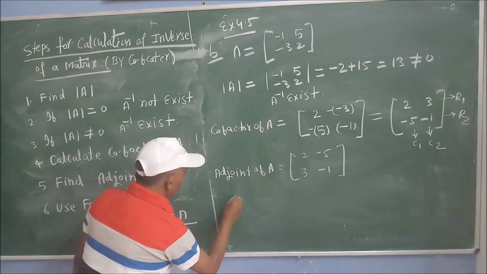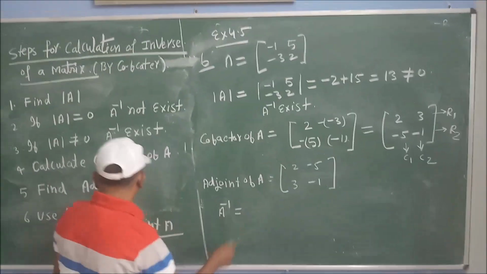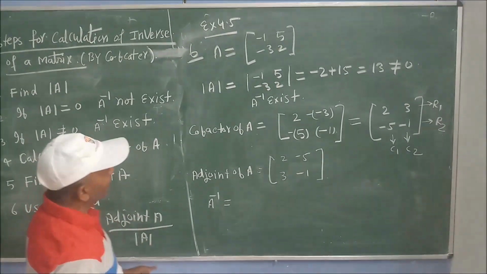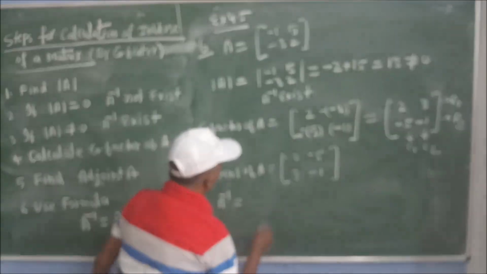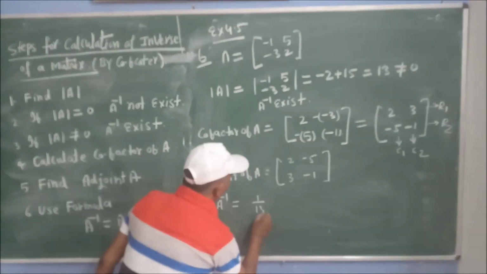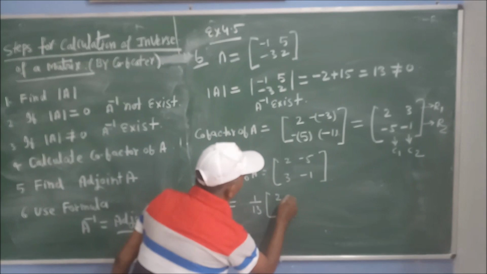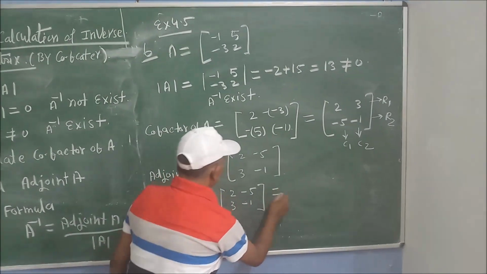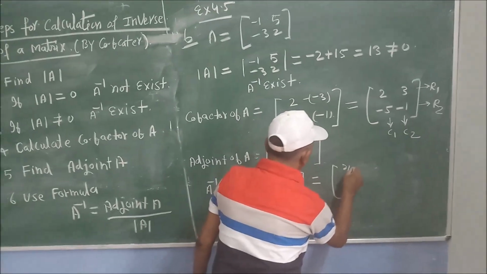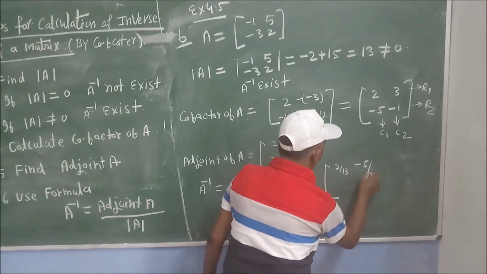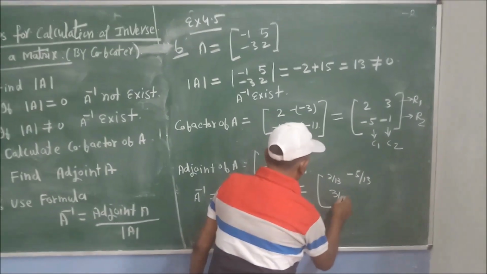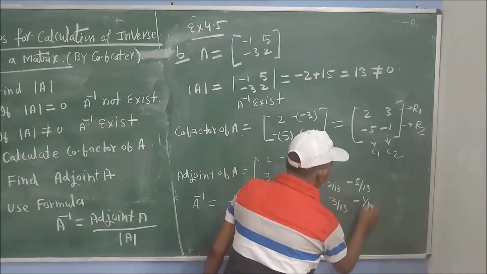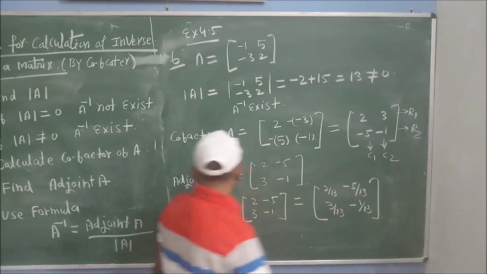So A inverse is equal to adjoint A by determinant of A. Determinant of A you have already calculated. So this will equal 1 by 13 into 2, -5, 3, -1. So A inverse is equal to 2 by 13, -5 by 13, 3 by 13, and -1 by 13. This is the answer of the problem.